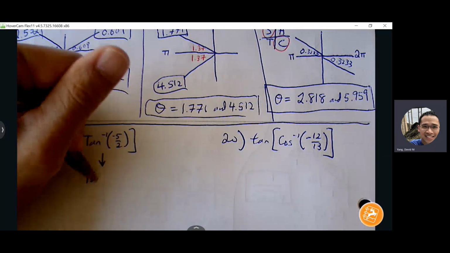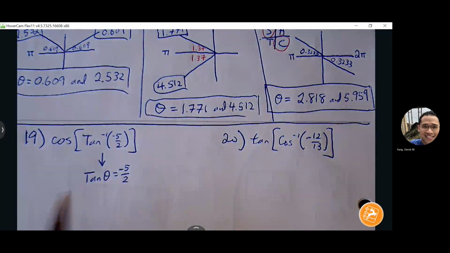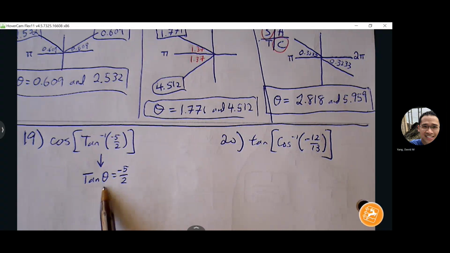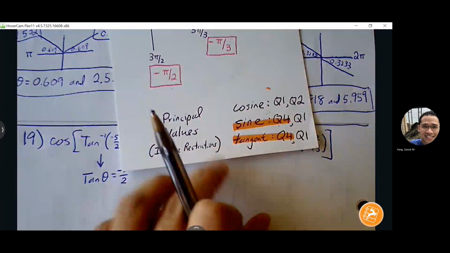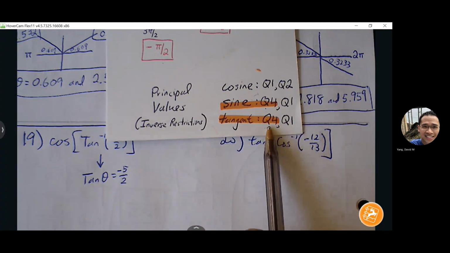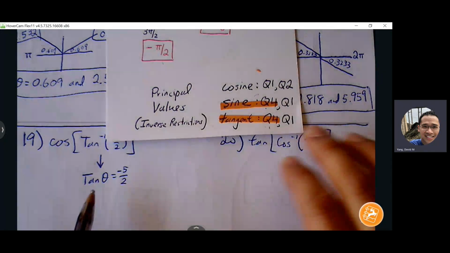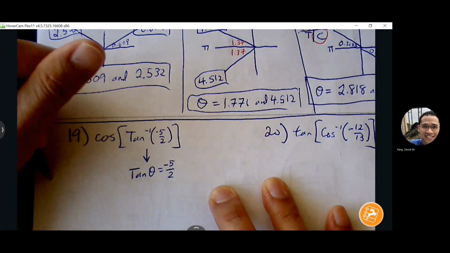Start off inverse tangent. Okay. Principal values, where do we want to put our triangle? Tangent is negative in which quadrant? Fourth. Yeah. Typically we say second and fourth, but because of that uppercase T, we're going to force ourselves into that fourth quadrant here.